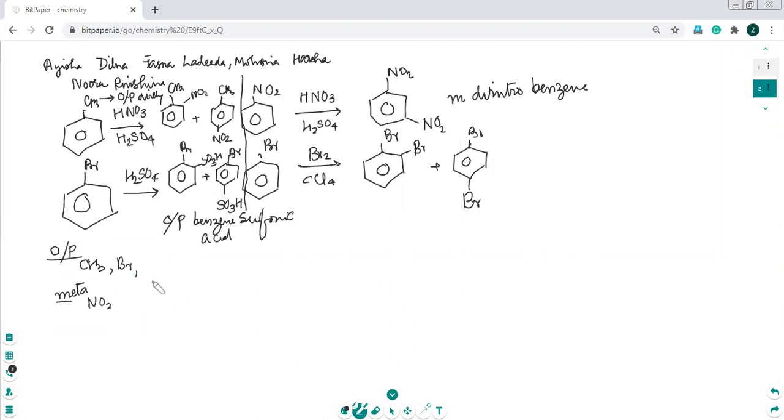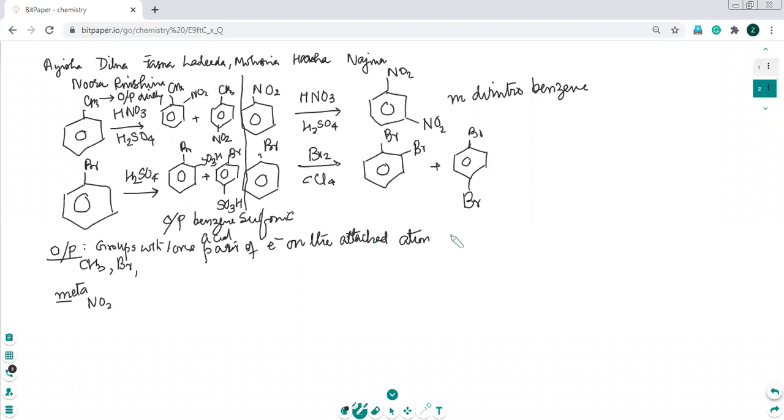Now, those groups which contain lone pair of electrons on the attached atom are ortho-para directing.